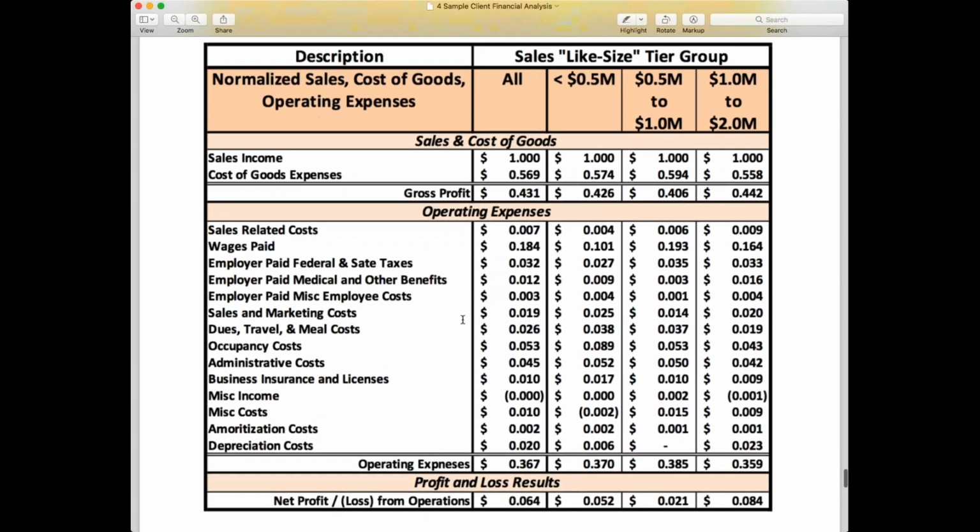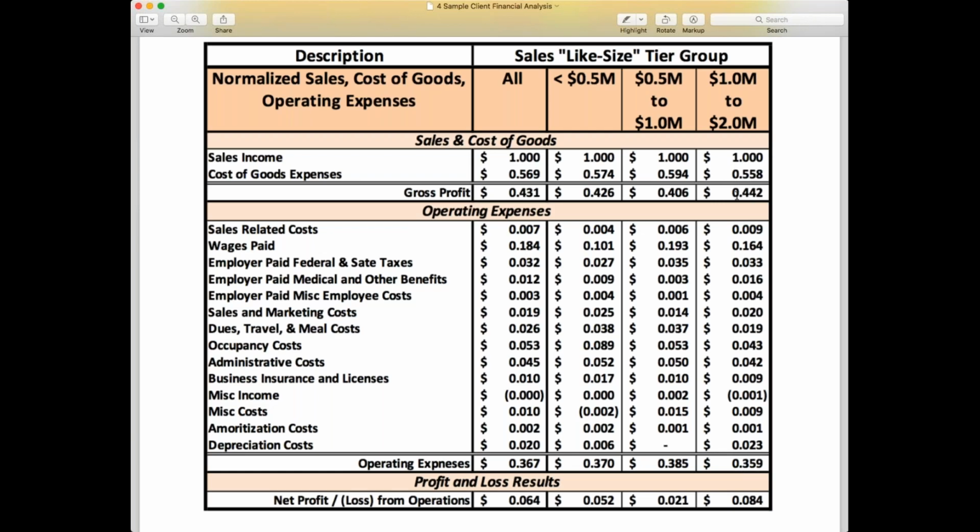Now, I hope you can use this as a frame of reference. This is expressing sales and all of the expenses on a per dollar basis. So we've got $1 of sales. If you're in the $500,000 or 1 to 2 million range, this suggests that the clients, the 32 in that area, have averaged about 56 cents per dollar for cost of goods.